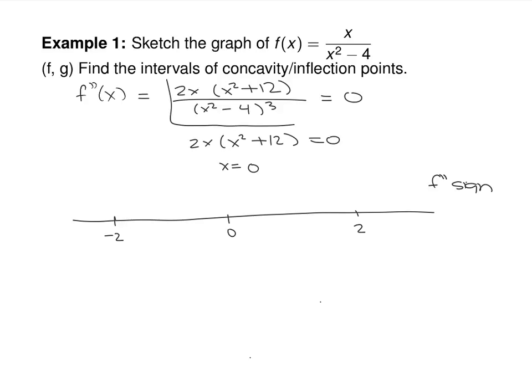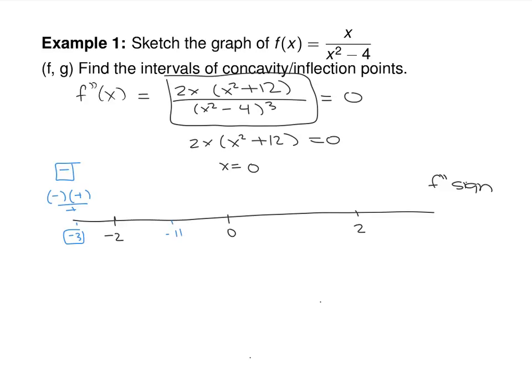So look at that second derivative, plug in a test number, like say, -3. I think negative. Do you guys agree? Because it's negative times positive over positive, right? Which makes a negative.